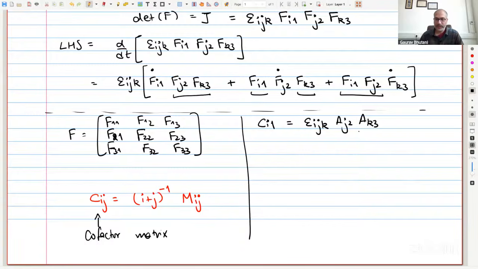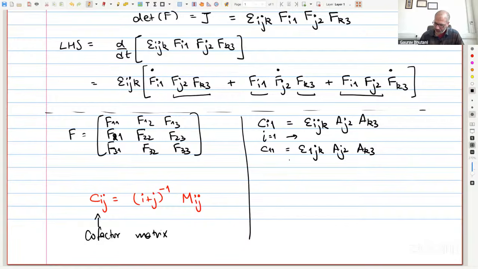So let's expand this expression and see what we have here. If I put i equal to 1 here, then what we get is C11 equals epsilon 1jk aj2 and ak3.